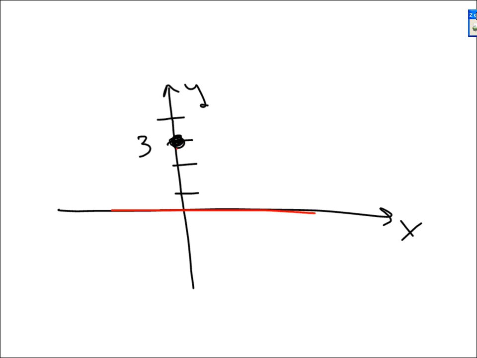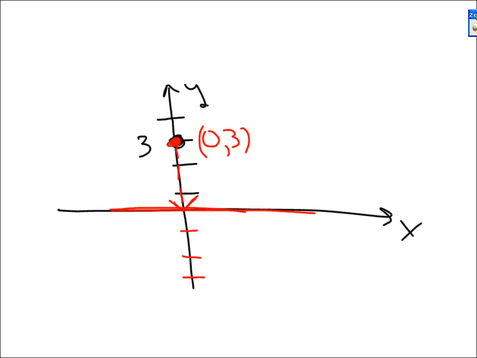And when you go from that point straight down, the number that you see right here, right where the arrow is pointing, on the x-axis, that's 0. And on the y-axis, you don't have to go too far to get to the y-axis. You're right there. It's 3. That's 0, 3.